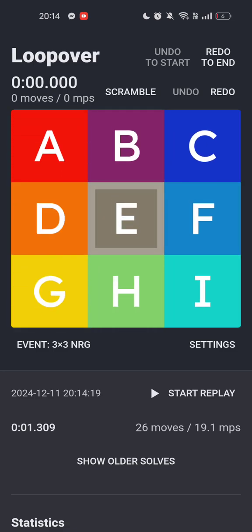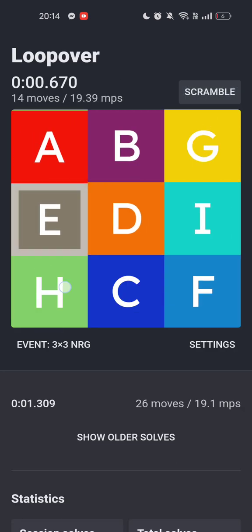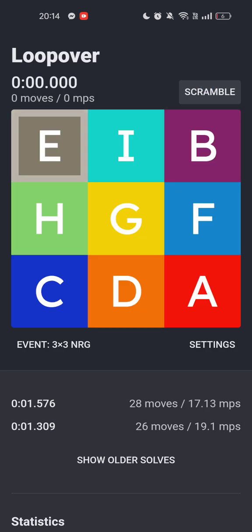Now, in that case, there's certainly a better solution that can be found with other methods that I will teach later. But with this basic method, you can get pretty fast. You can probably get sub 1 second consistently, maybe even faster. You can definitely get faster, like 0.8 maybe with this method.